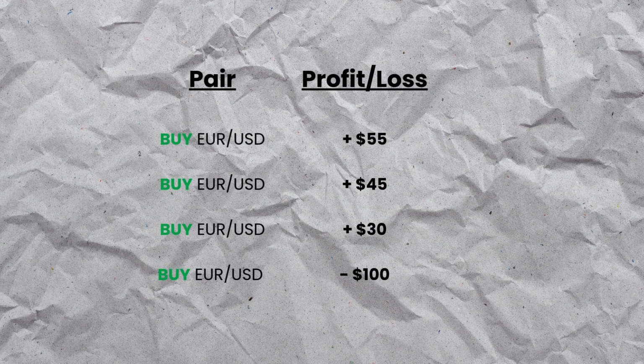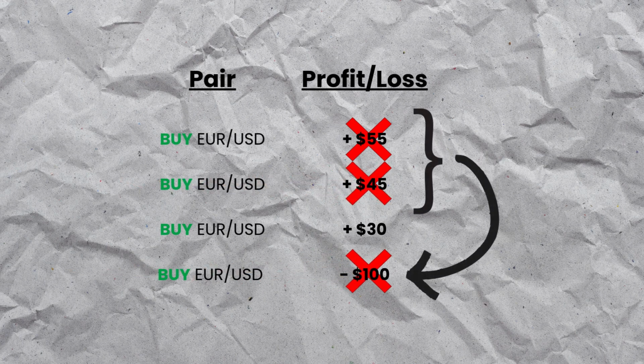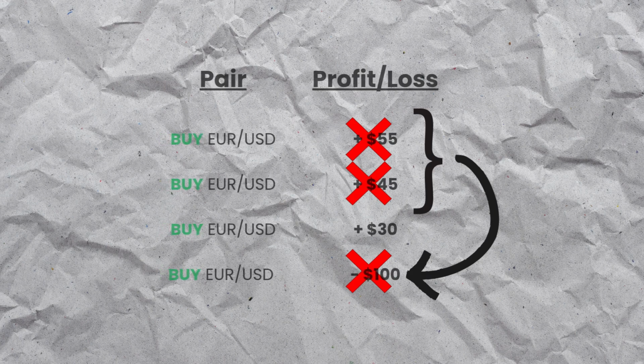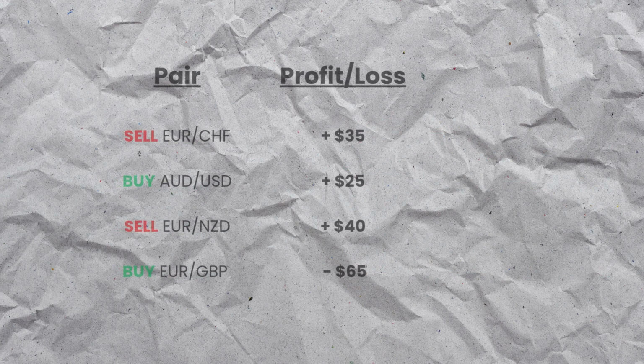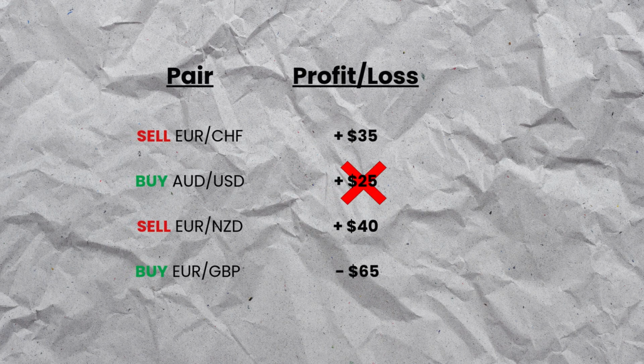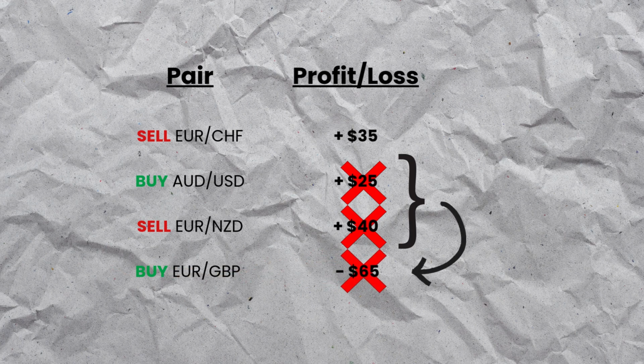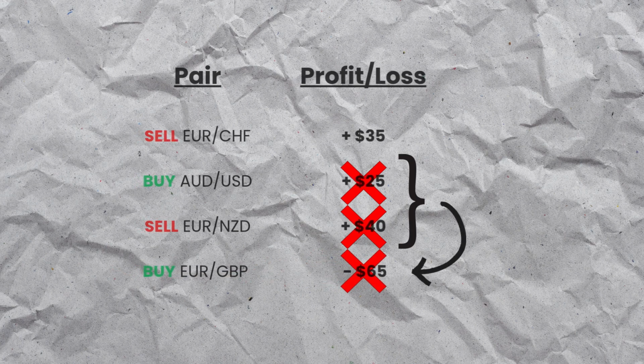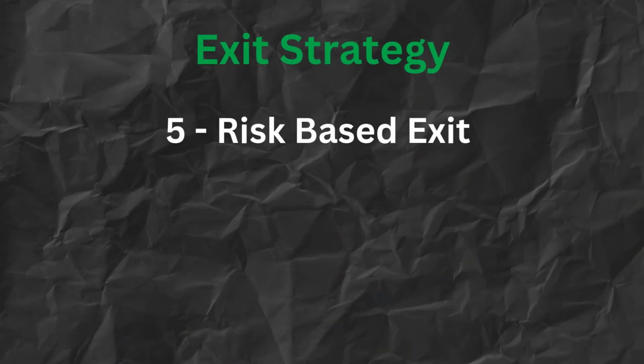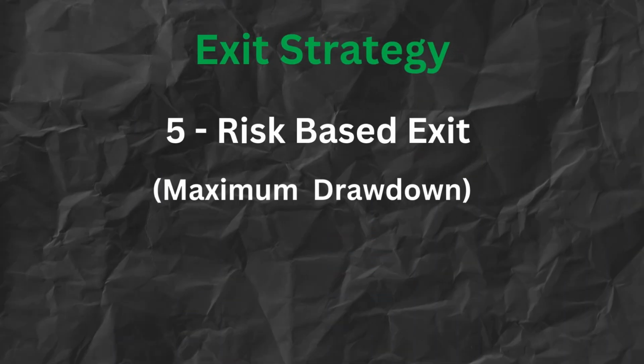If you have multiple entries on a specific pair, then once an entry moves into profit, you can close that entry to offset another entry that is in a current loss, covering either the full loss or a partial loss. The same applies if you have multiple entries with different currency pairs. If one currency pair is in profit, you can close that position to close another currency pair position that's in a loss. 5. Risk-based exit.